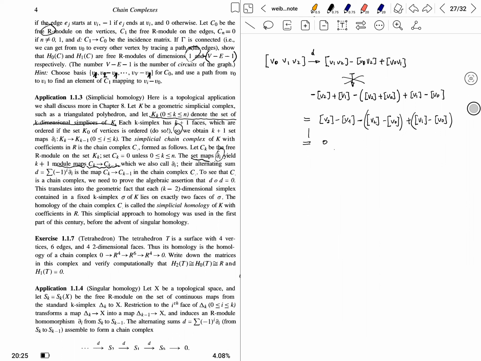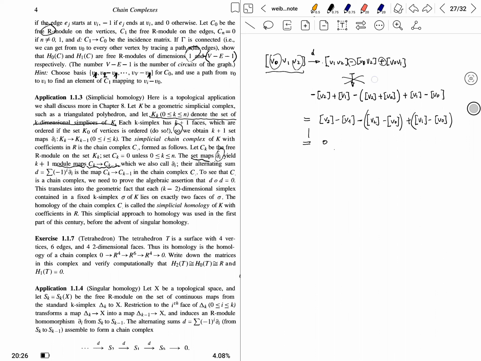So in practice, what does this formula mean? There is one confusion. For example, let's apply this differential to V0, V1, V2. By the formula, first remove V0, which means remove the first position, keep it positive, then remove the second position V1, keep it negative, then remove the last entry, keep it positive again.